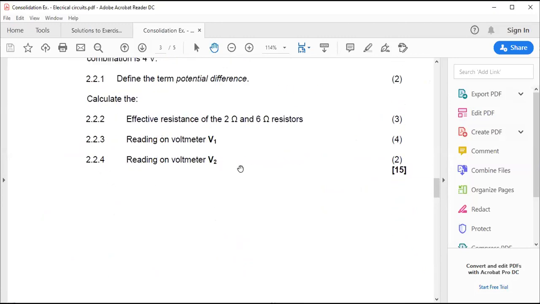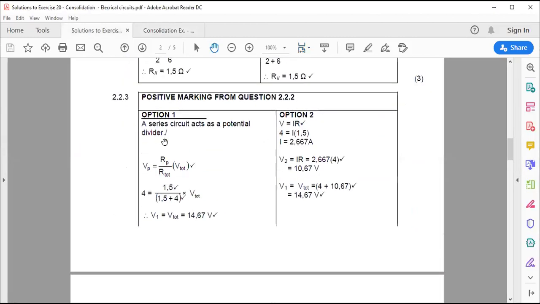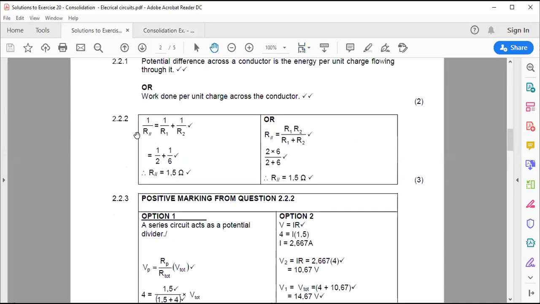2.2.4, reading on voltmeter V2. We have answered that one now, isn't it? All right. V2 we saw it's 10,67 already. Let's just check on this memo here what do we have. Right. So for 2.2, they got the 1,65. Then they got the resistance for parallel 1,5.